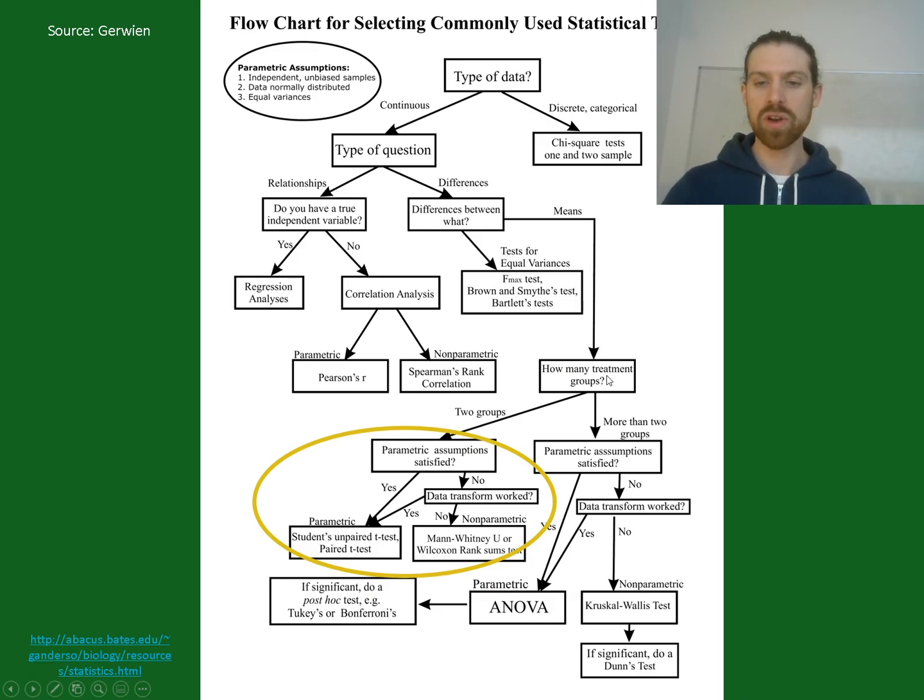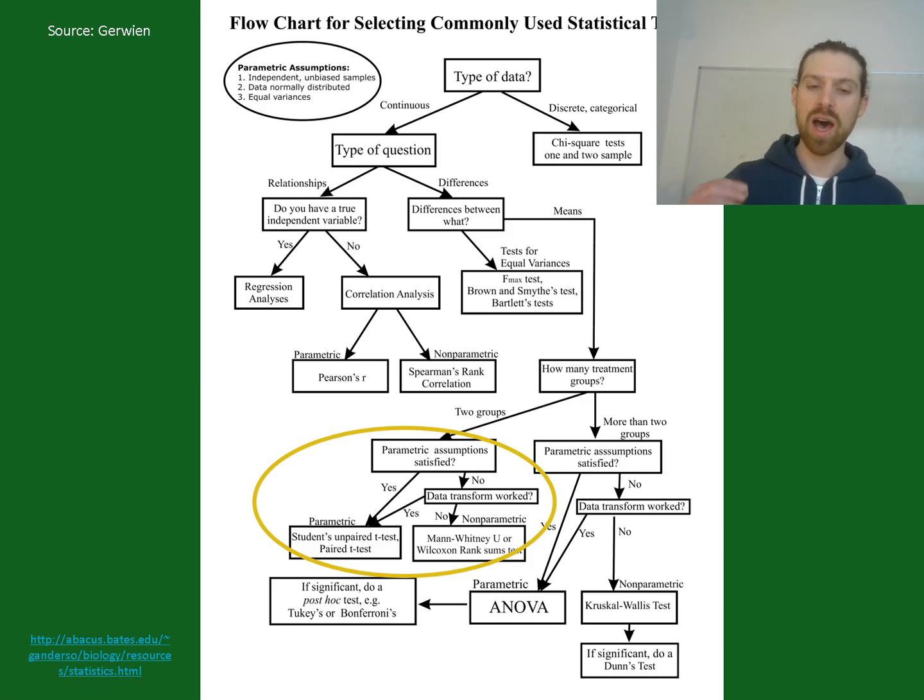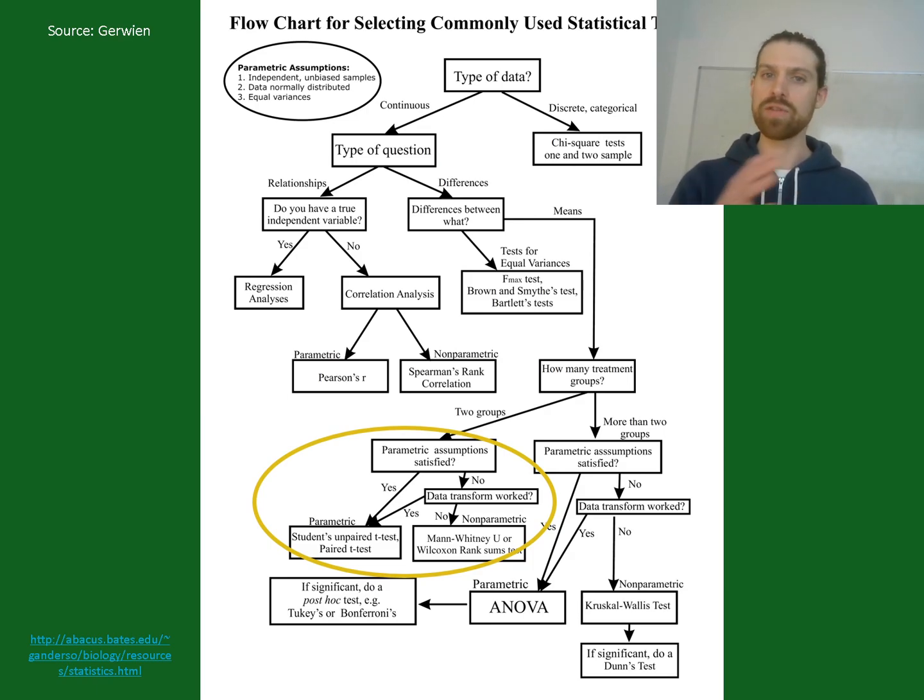When you follow this flowchart through, you end up down here, and what we need to decide then is how our data are distributed. Are they normally distributed, which we've covered in previous sessions, meaning the data conform to that bell-shaped Gaussian curve that we covered.